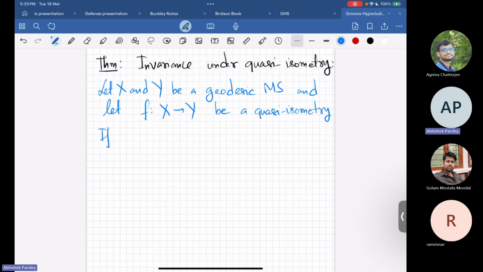So in this case, if y is Gromov hyperbolic, then x is Gromov hyperbolic.